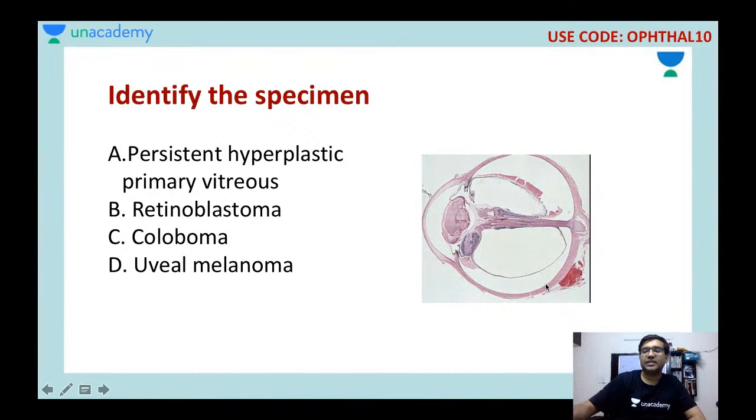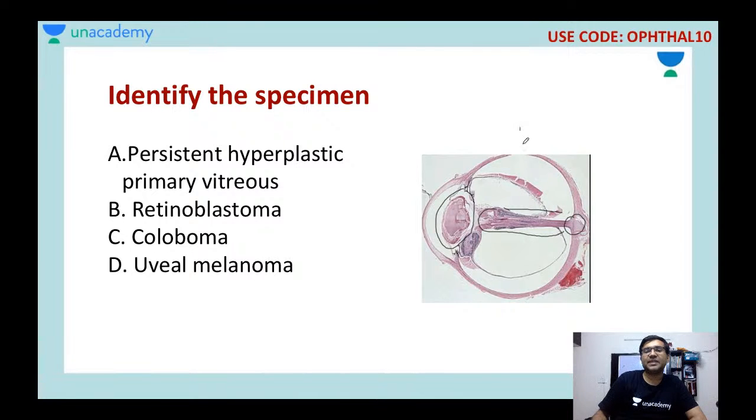Okay, then we have this question: identify the sample shown here. This patient is having a persistent hyperplastic primary vitreous, retinoblastoma, coloboma, or uveal melanoma. If you can see, there is a strand going from the posterior part of the lens to the optic nerve.